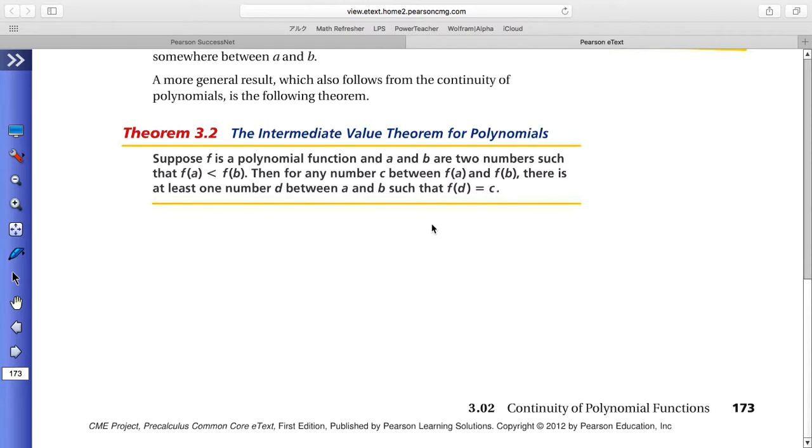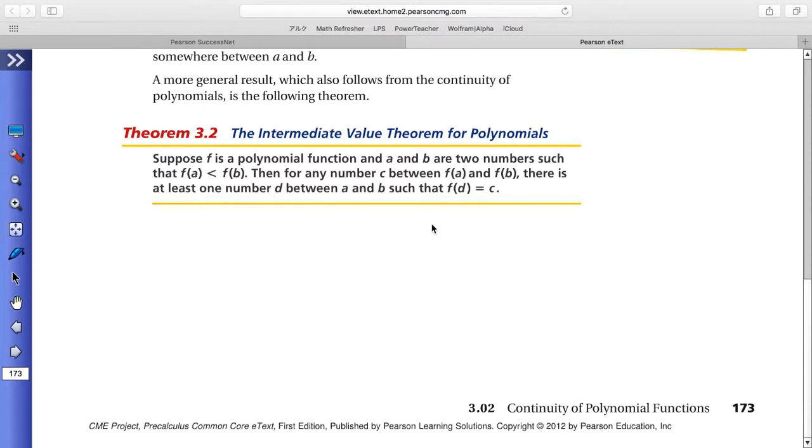values. For example, let's take a here and b here. Then you should have f of a here and f of b somewhere over here.